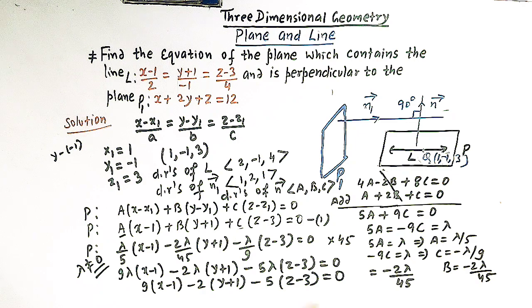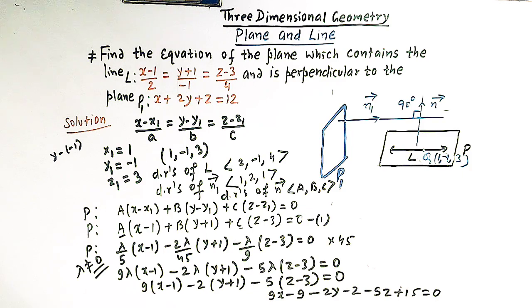Now let us simplify this equation. We have 9x minus 9, minus 2y minus 2, and minus 5z plus 15 is equal to 0.